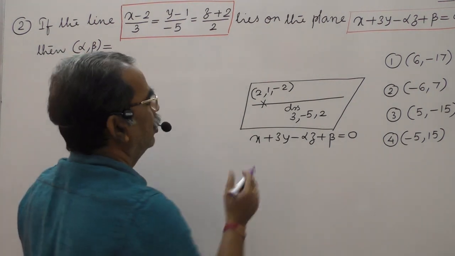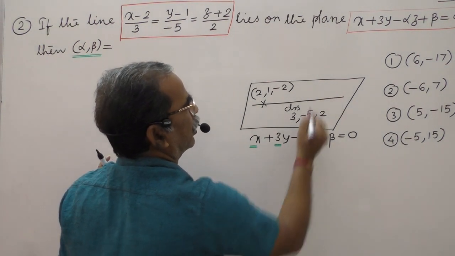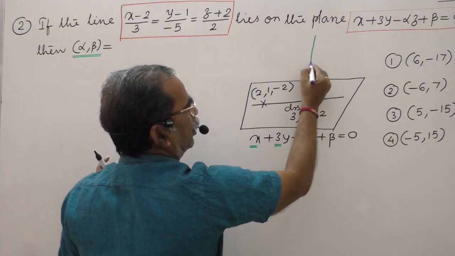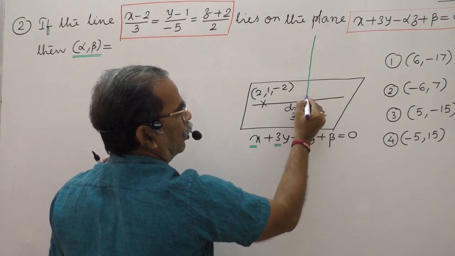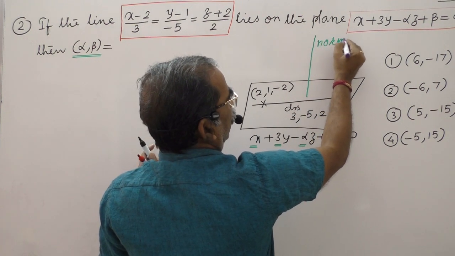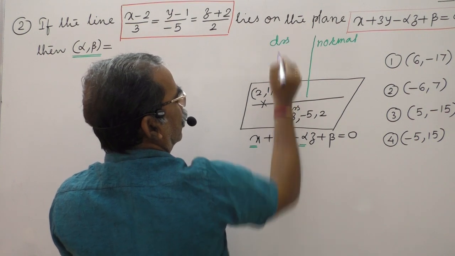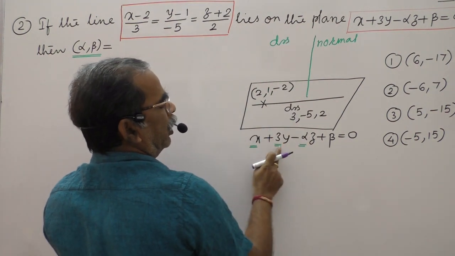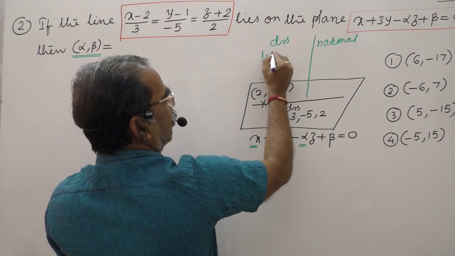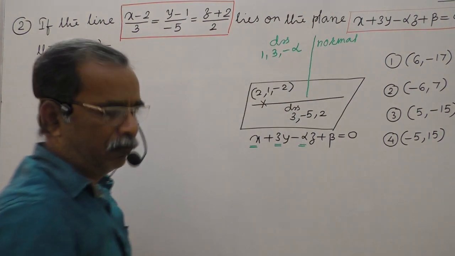We know the xyz coefficients in the plane's equation represent the drs of the normal. The normal is the line perpendicular to the plane, so its drs are 1, 3, minus alpha.